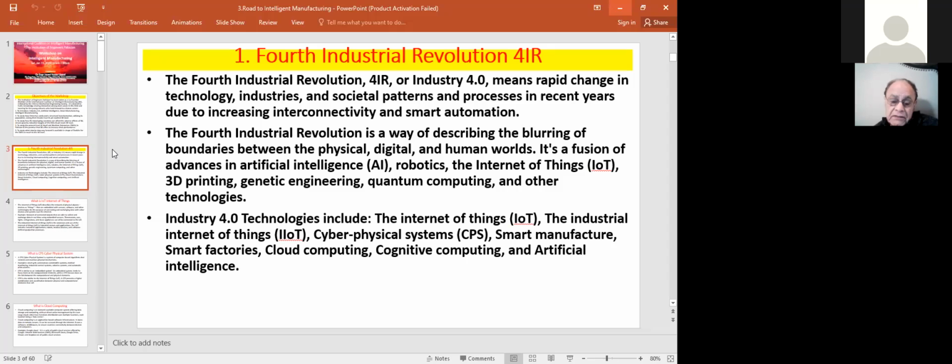And then cyber physical system, CPS, and smart manufacturing and smart factories, cloud computing and cognitive computing and artificial intelligence. So one by one, we will see how these terms are used, what they really mean, and how much overlap there is among these terms.